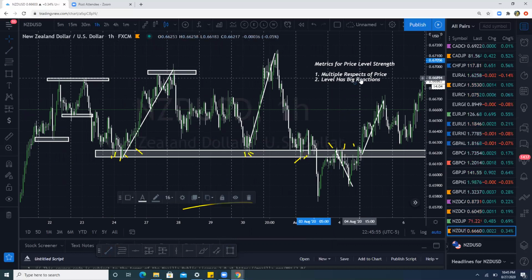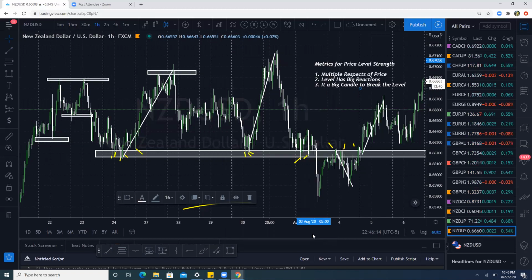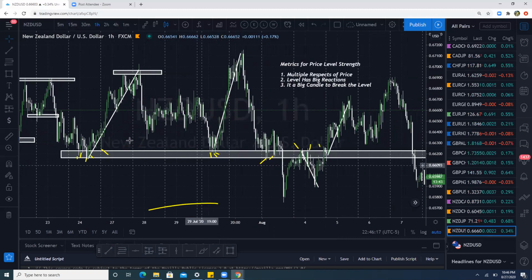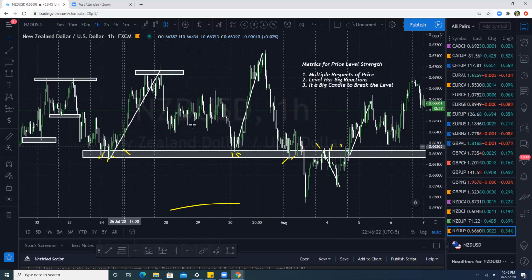The third thing that determines a good level is that it takes a big candle or a big momentum to break it. It's apparent here. You see how all of these small candles couldn't break it. You keep going, these are smaller candles but it couldn't break it. But if you notice here, it's a big candle. A big move in price has to break it. That doesn't disqualify the level.